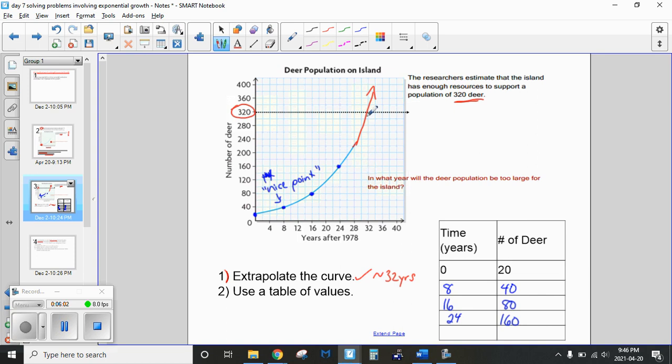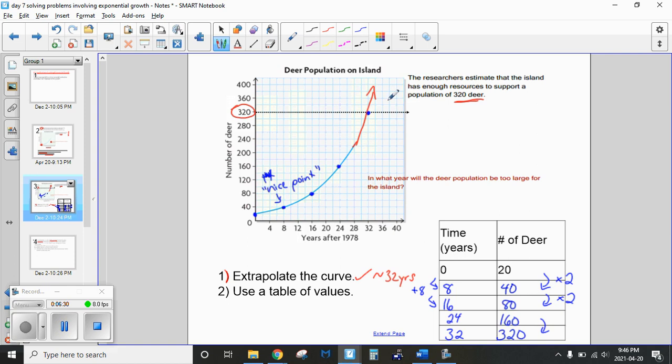And I'm going to look for that point, which I had extrapolated before with the red curve. But using my table of values, adding 8 years each time, doubling the population of deer each time, I can use that pattern and with pretty good confidence say that after 32 years, the population will be hitting 320 deer.